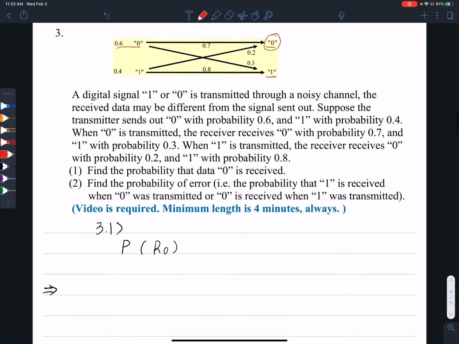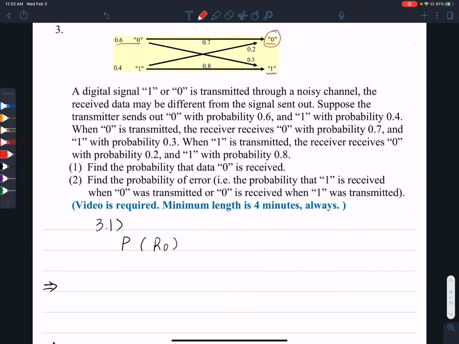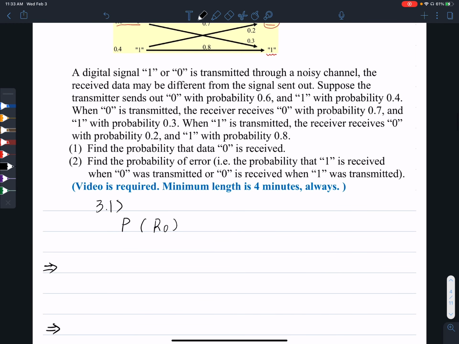And so this is the first part. The transmitter sends out data 0.